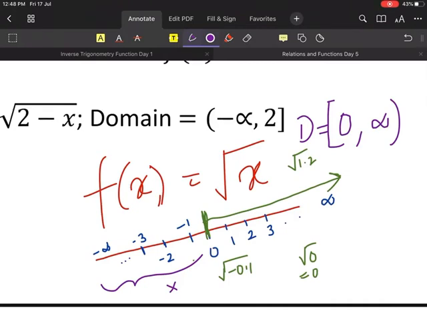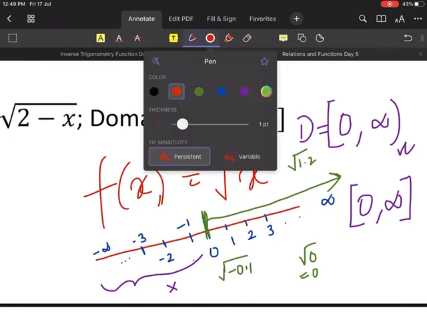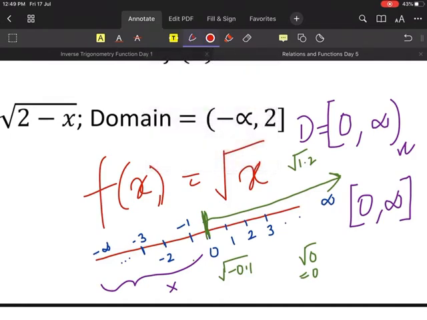Understood? Now a question will come: why am I putting an open bracket in place of infinity? Why not a closed bracket? Does anybody have this question?